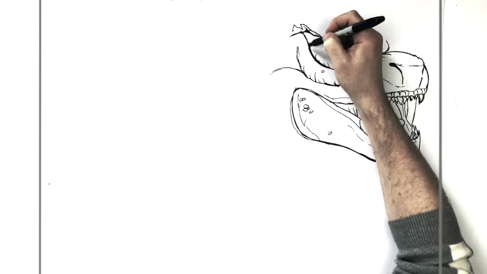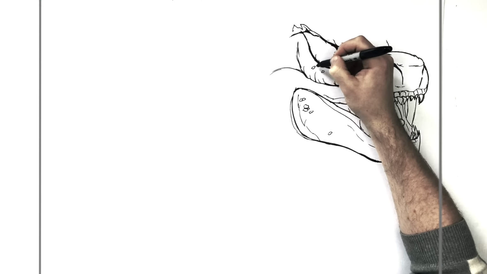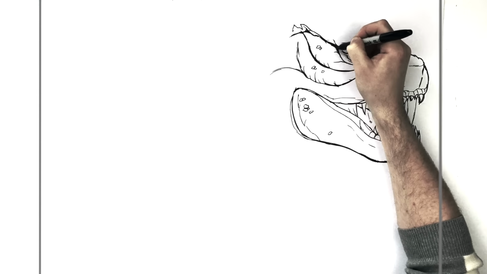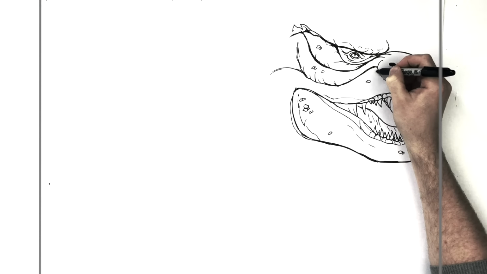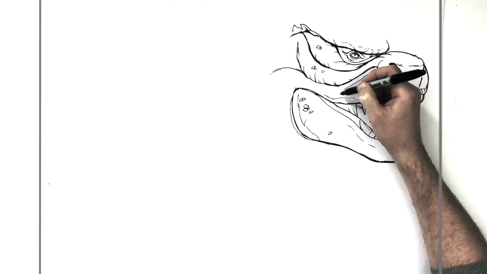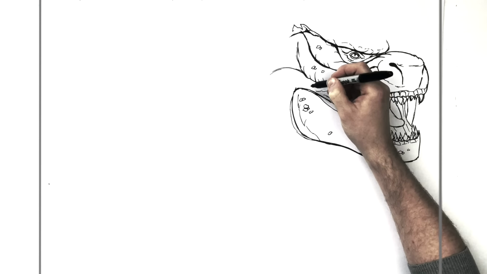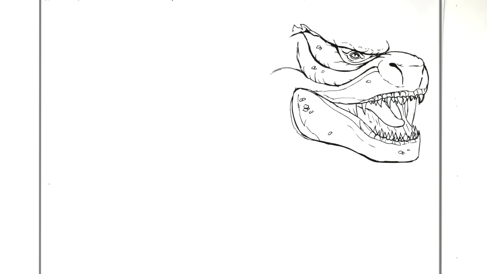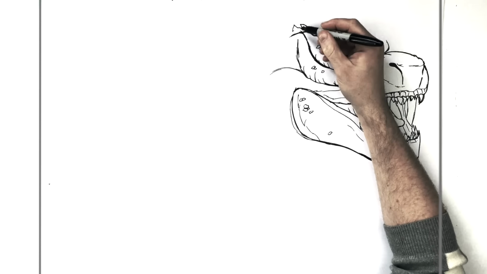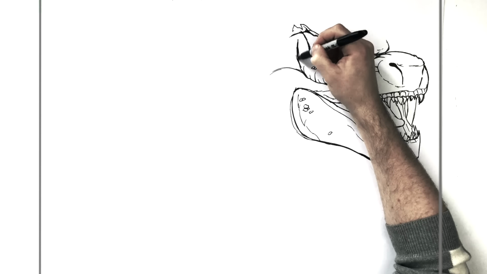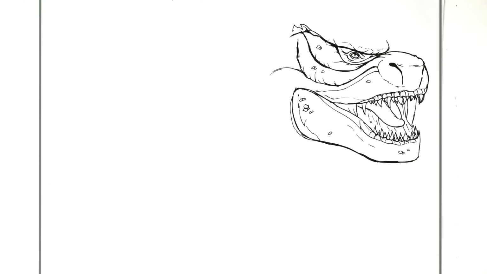Right, so again, you can add as much of that texture detail as you want. Like so. Right, so these are the bag sort of things that he has underneath his eyes, right?